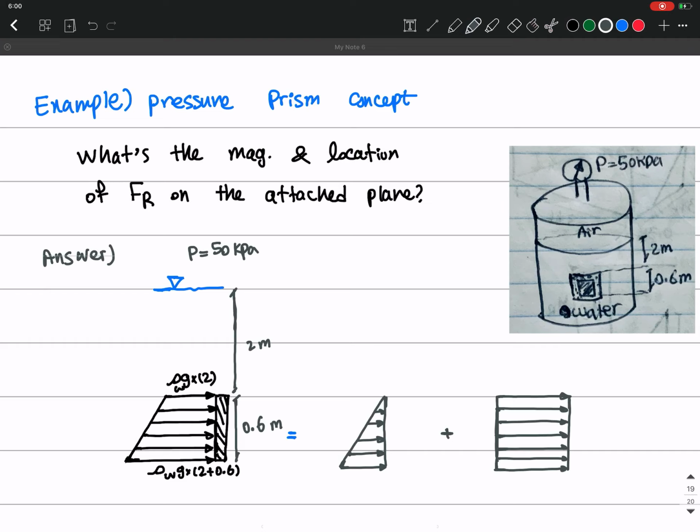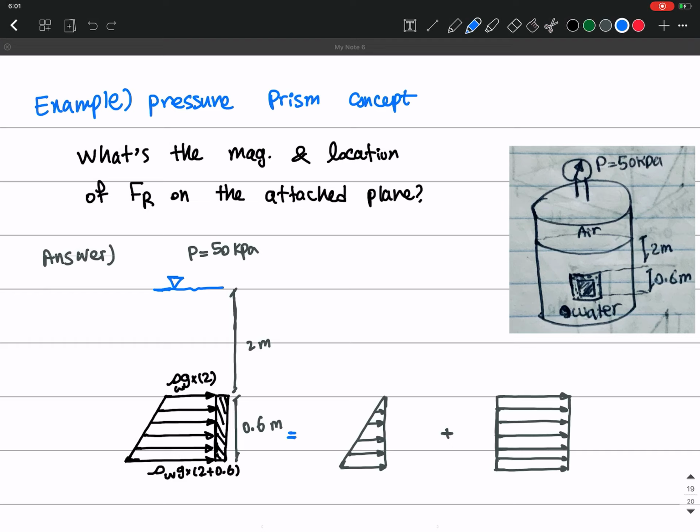Okay, and then find the forces by this decomposition. Okay, so what I'm gonna do is find the resultant force Fr and its location, so the magnitude and the location of it for each of these two components. Okay, and this is a technique you can also use in this kind of problems.